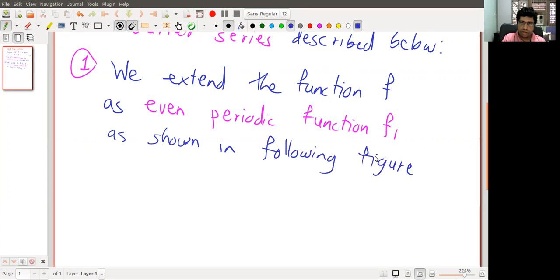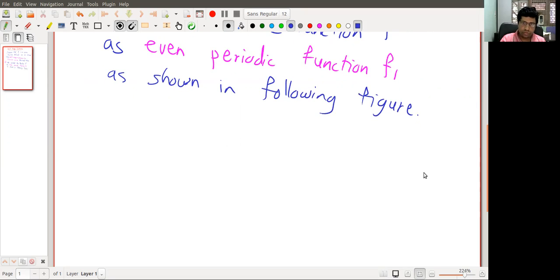So it can be better explained using figure. So the first figure is function f.